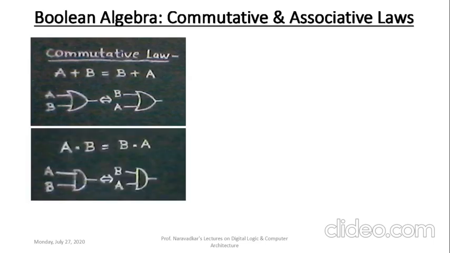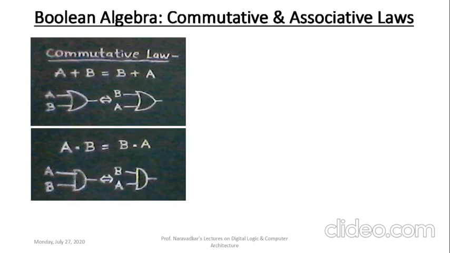So here at the bottom left, A dot B is equal to B dot A. Left side, A dot B, one AND gate where A is my upper input, B is lower input. Equivalently, that is shown by the right side B dot A. On right hand side, here that B is my first input, top input, and A is my bottom input.